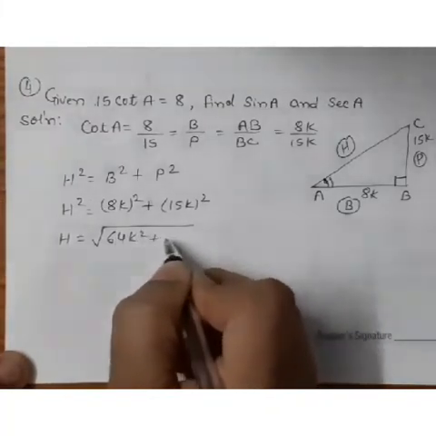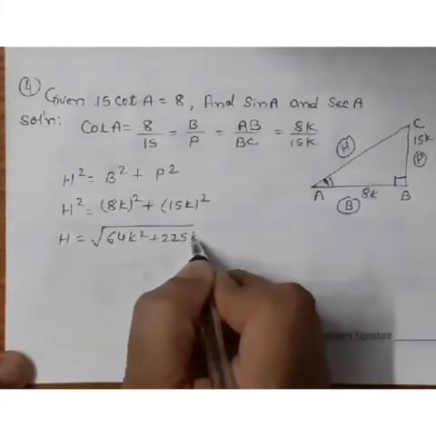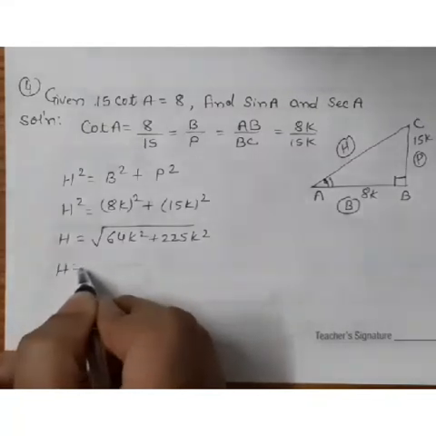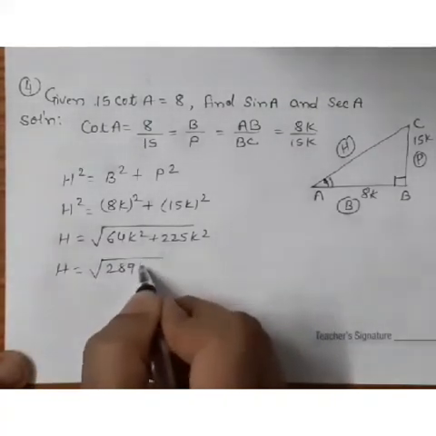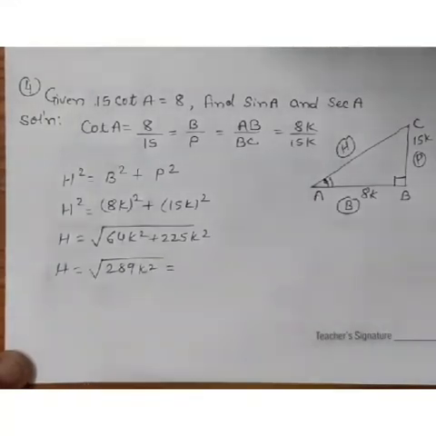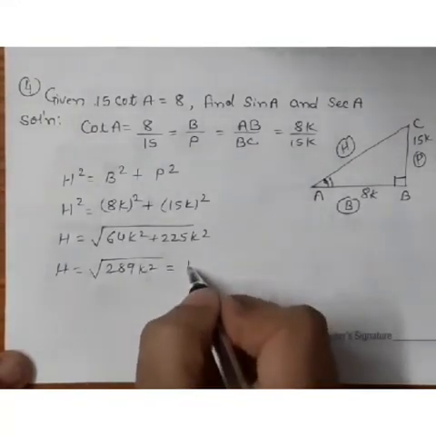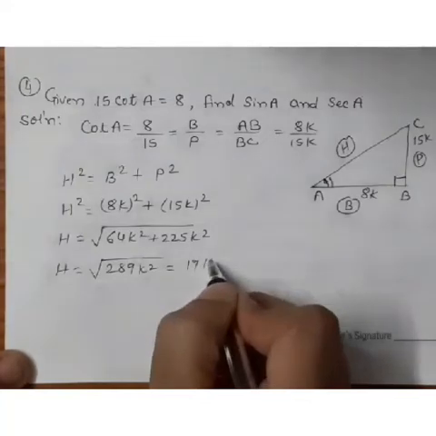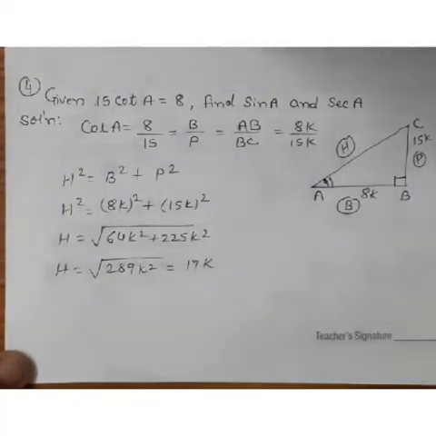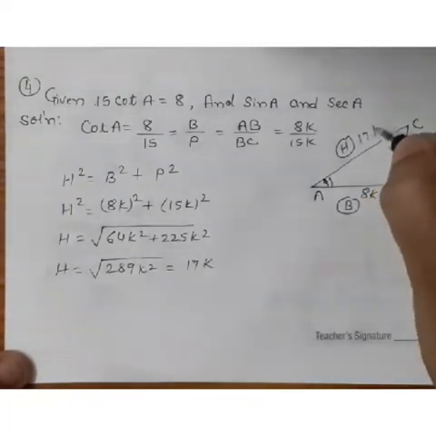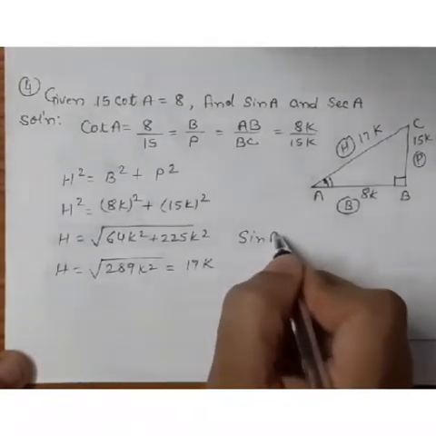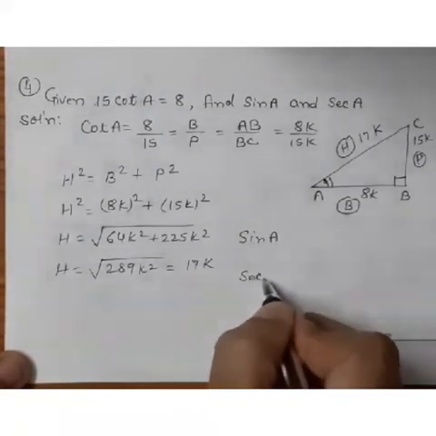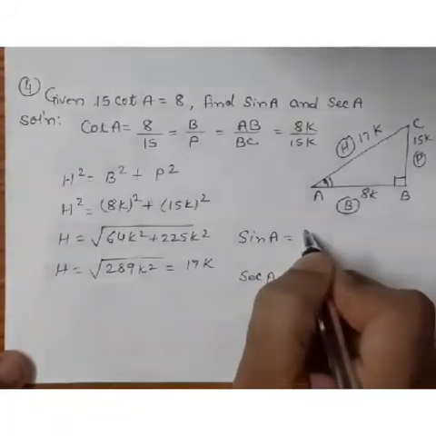So what is h? 64k square, 225k square. This is your 289. Very good. 289k square it is. And the square root of 289 is what? 17. And this is k. Okay, so clearly we got it. Hypotenuse is 17k. Then you have to find value of sine A and sec A. What is sine A?